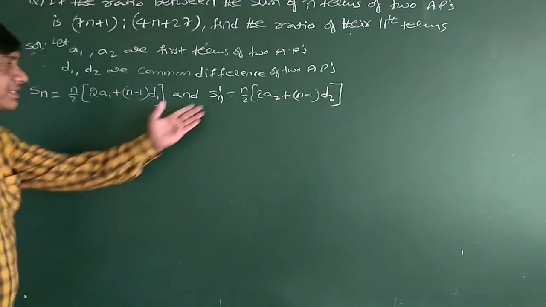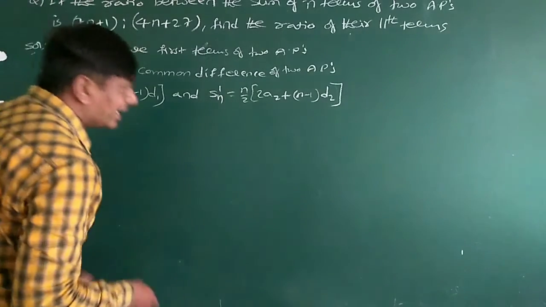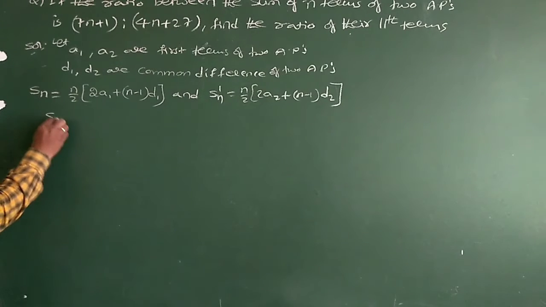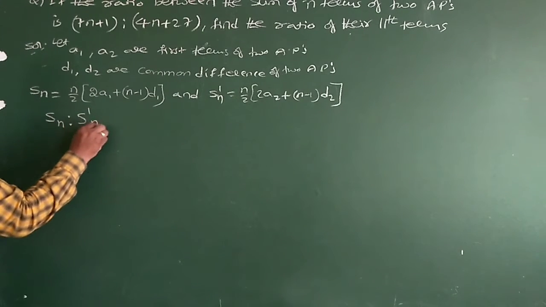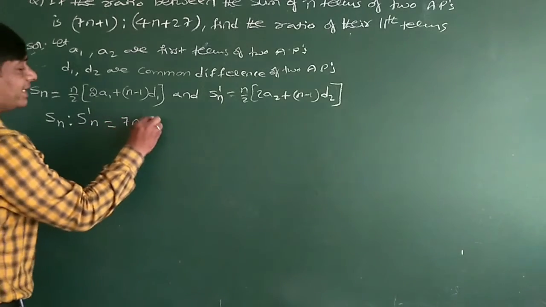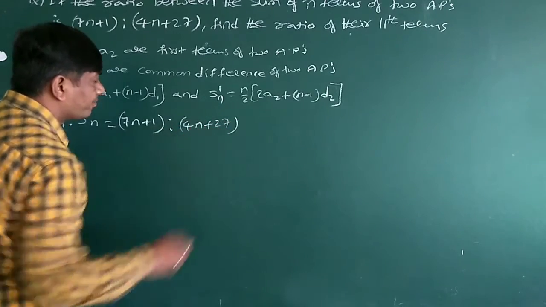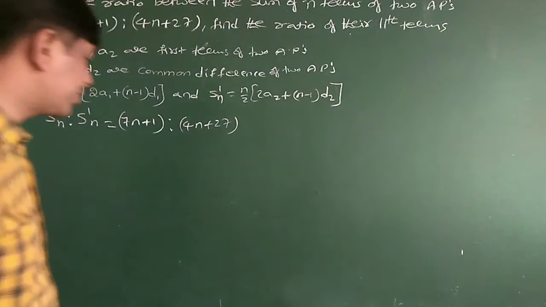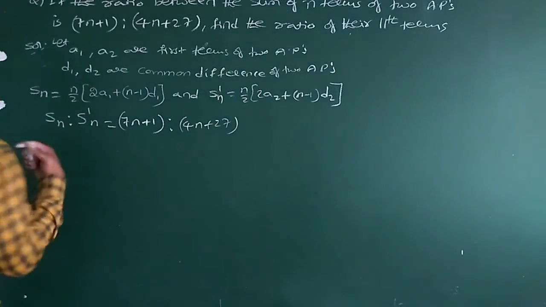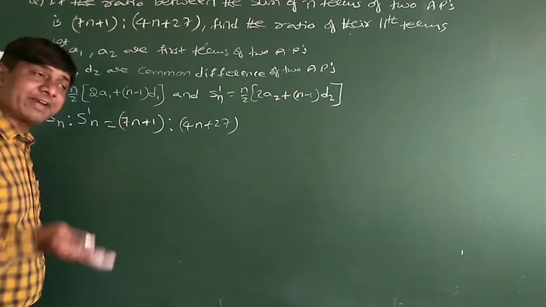This is the second AP's sum of n terms, and that is the first AP's sum of n terms. But they have already given Sn is to S dash n is equal to 7n plus 1 is to 4n plus 27.